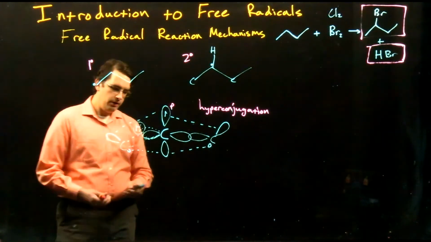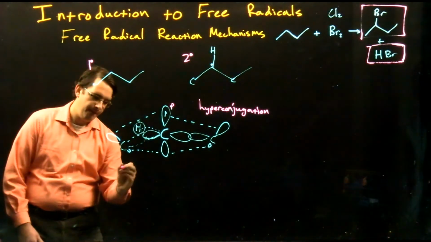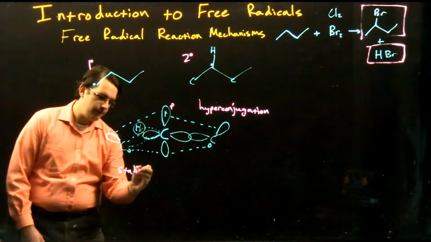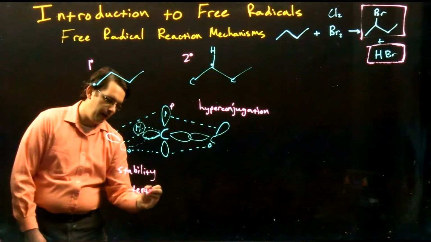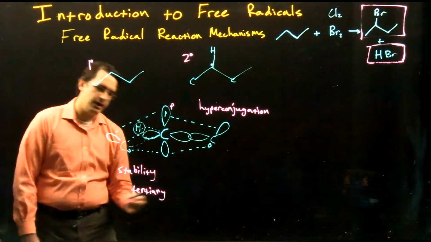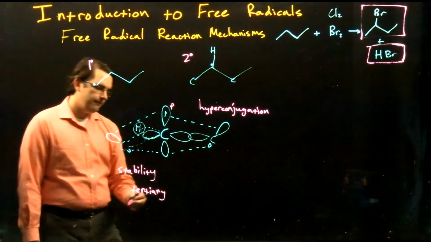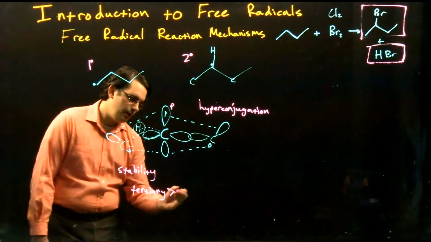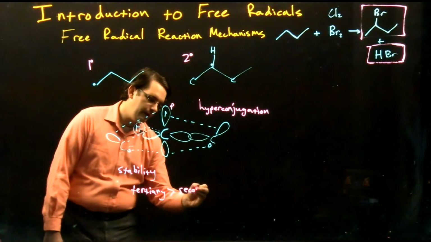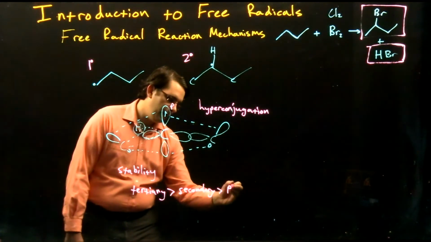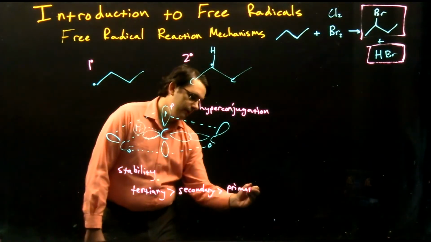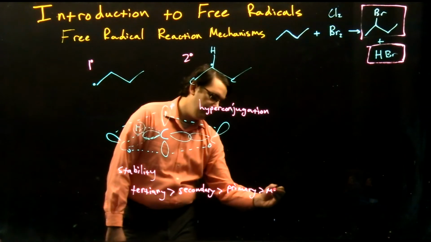So our overall stability then will be greatest for a tertiary carbon, right, where we have 3 other carbons that can share the instability of that free radical electron. Then of course we would have secondary, and of course primary, and our single methyl carbons.